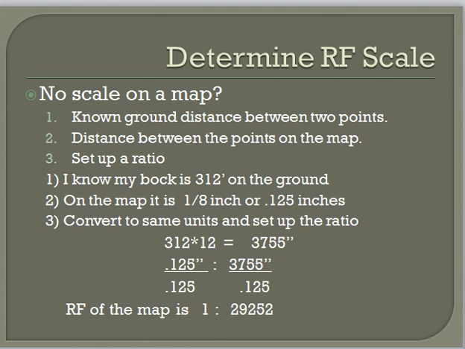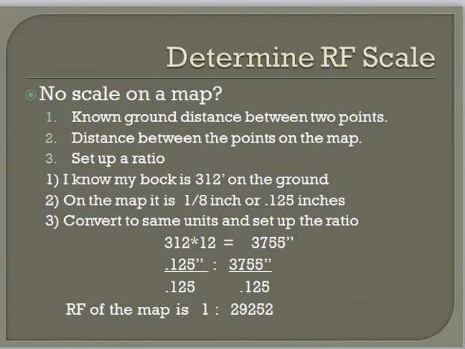So if I know the distance between 2 points on the ground, I can measure that. And then I can measure that distance between the 2 points on the map and set up a ratio. And again, I've got to make sure everything's in the same unit.